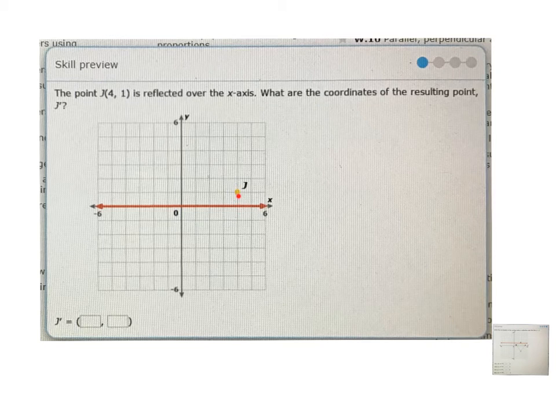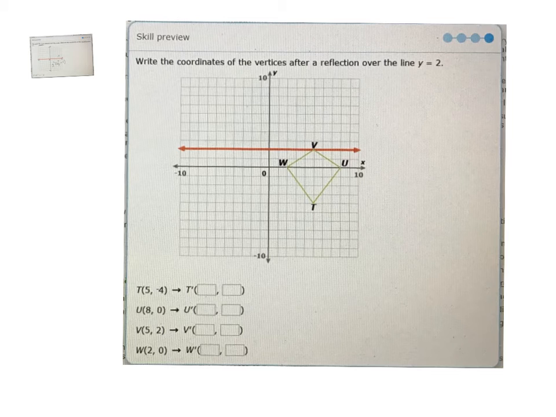It's 1 above, so it's going to be 1 below there. And let's just write in the coordinates. It's over 1, 2, 3, 4, and it's down -1. Whereas before, J was 4 and 1, J1 is 4 and -1.